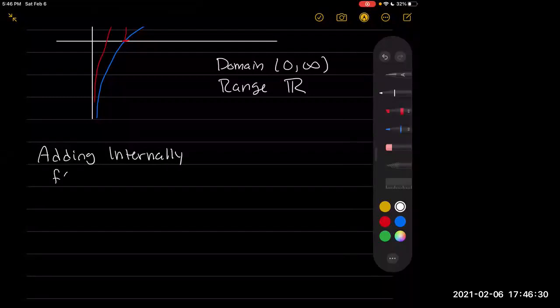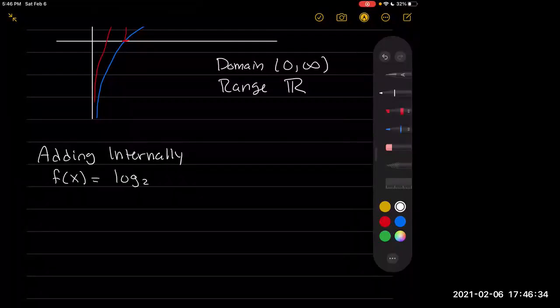So we're going to look at f of x equals log base 2 of x plus 3. So remember, when we add something to the inside, that means we're shifting it to the left. If this was subtracting 3, then it would shift the graph to the right.